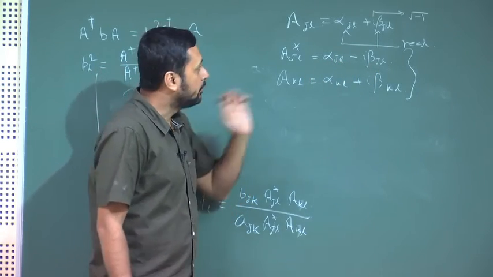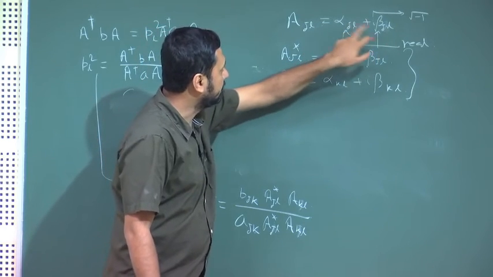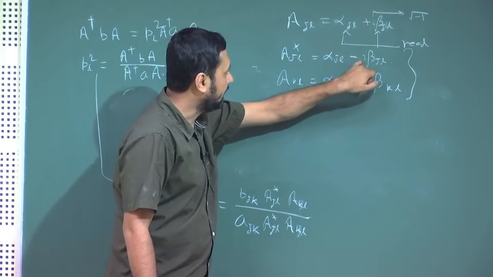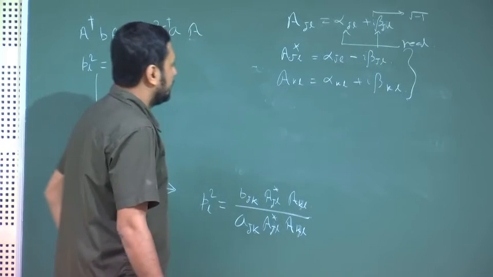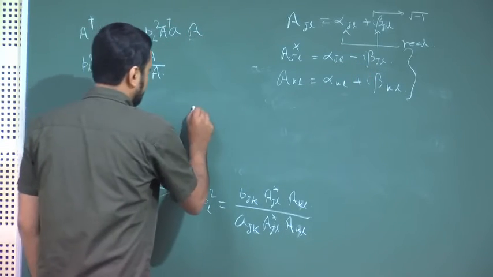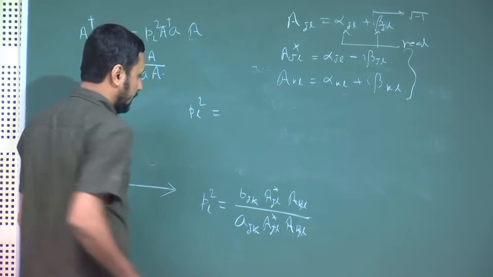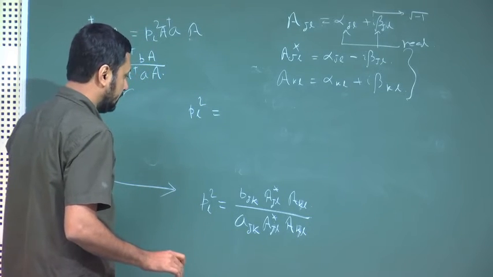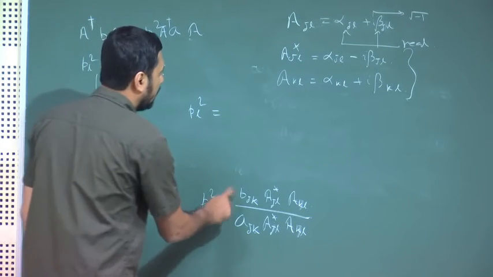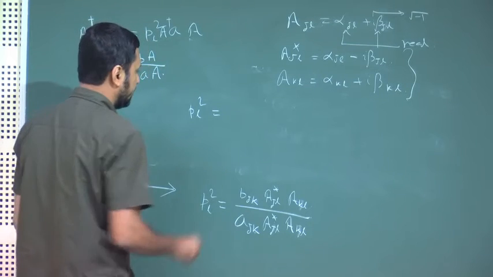But right now, because we have decomposed it into this format where these two are real, we just have to replace I by minus I. That is the complex conjugate operation. I am sure you are familiar with this. So, P L square is equal to, okay, open up this bracket and we will see.